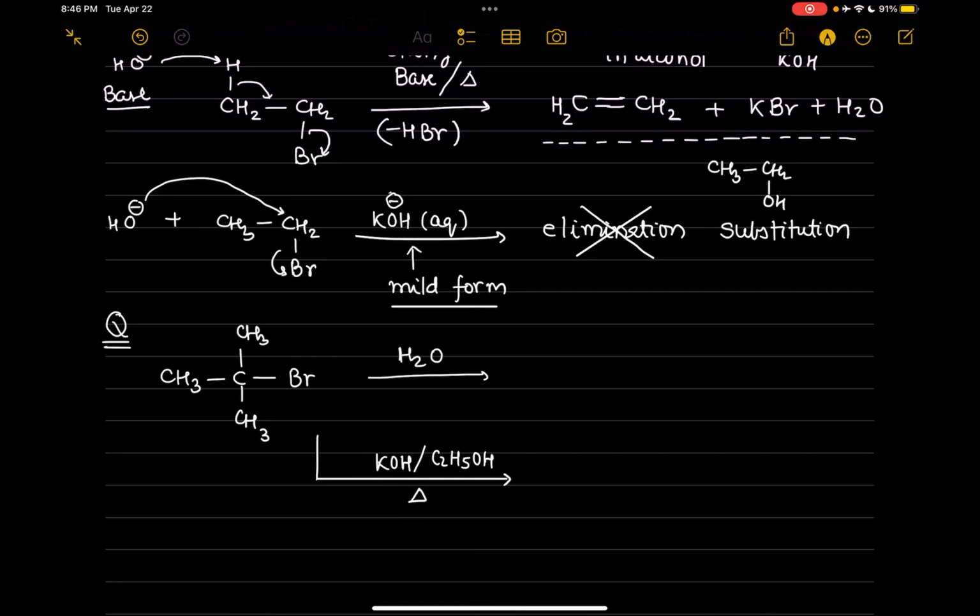This is simply water, which is a very weak base. Got it? So what can happen with the water, or what cannot happen? And this is a strong base. So can you explain to me?